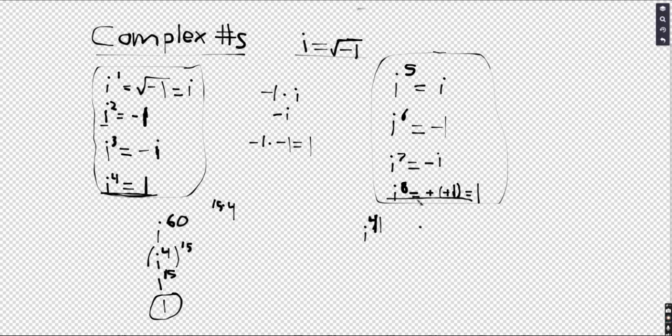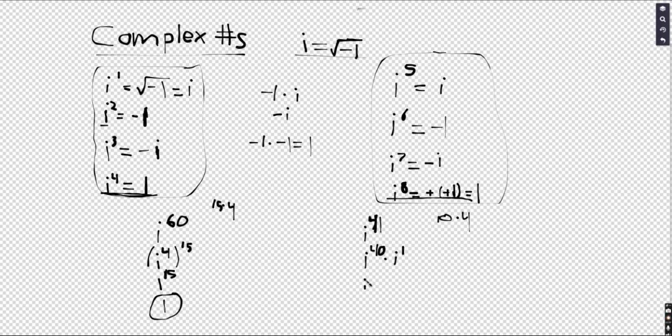Now let's look at this. 41 is not a multiple of 4, but let's try to find the closest multiple of 4 below it. So obviously, as you can see here, it's 40, right? So we can write this as i to the 40th times i to the 1st, because when you multiply the same bases, you just add the exponents, okay? And we can write 40 as 10 times 4.